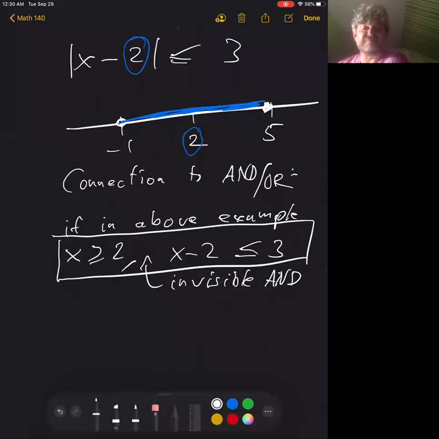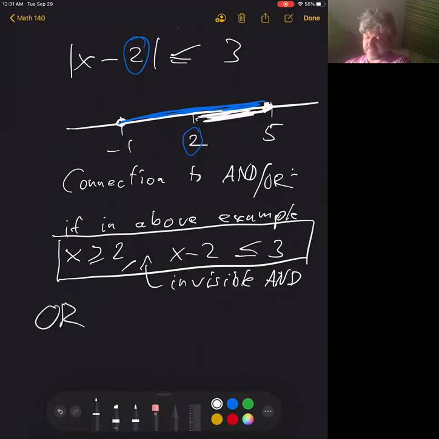And it gives you some solutions of that inequality. It gives you the right half of that blue interval. All the numbers that are bigger than 2, but less than 5. So it gives you these numbers.